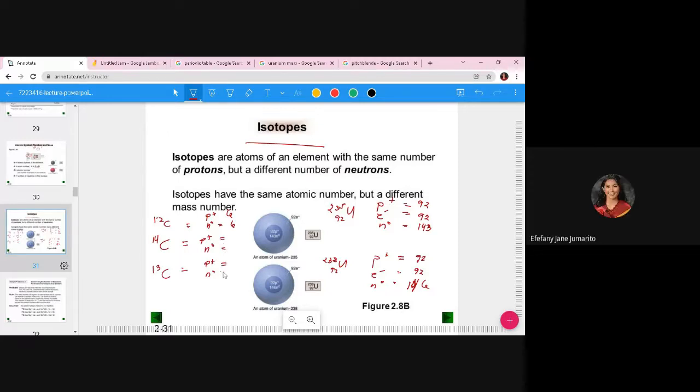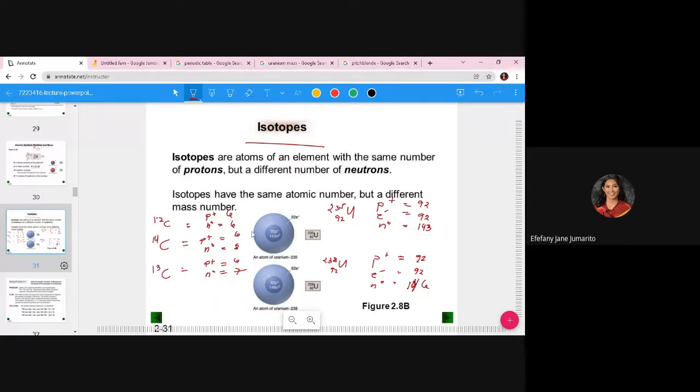What about carbon 14? 6 protons, and 8 neutrons. So they are isotopes: the same number of protons but a different number of neutrons.